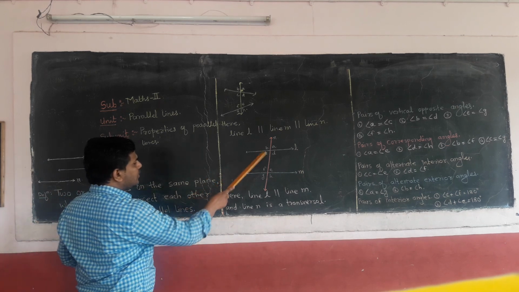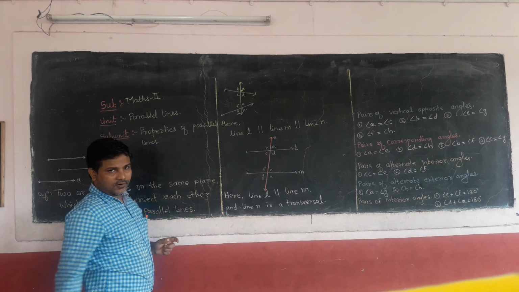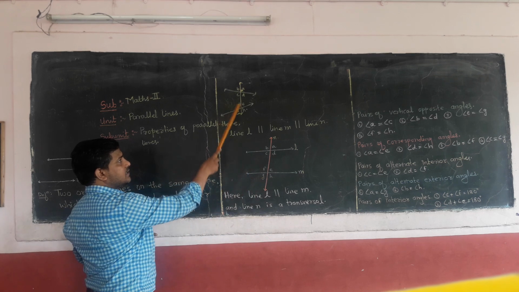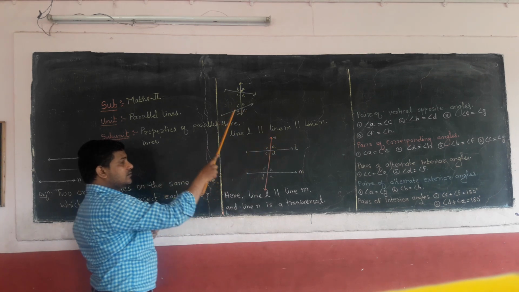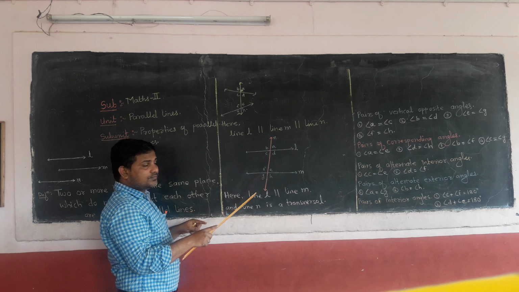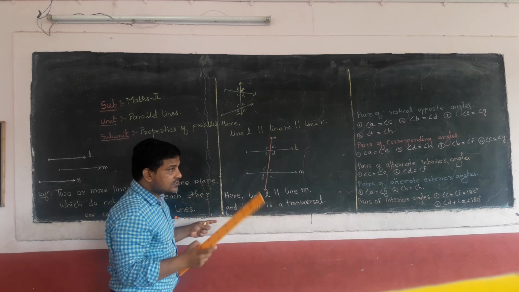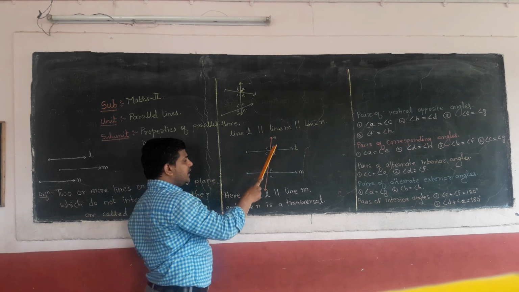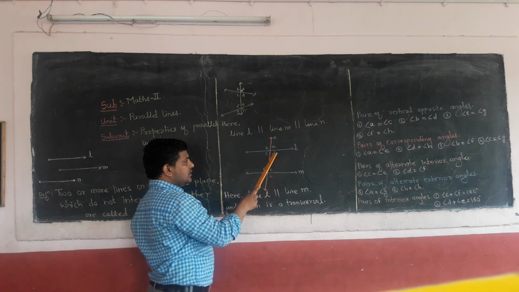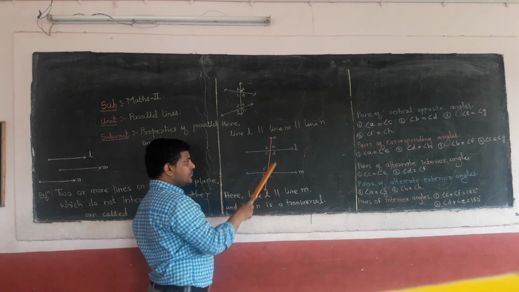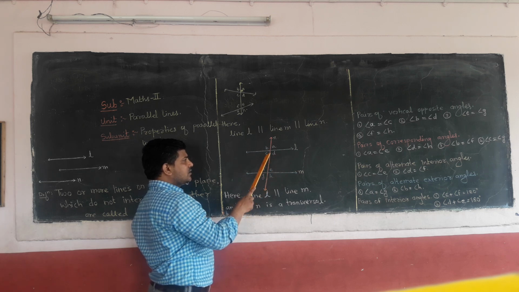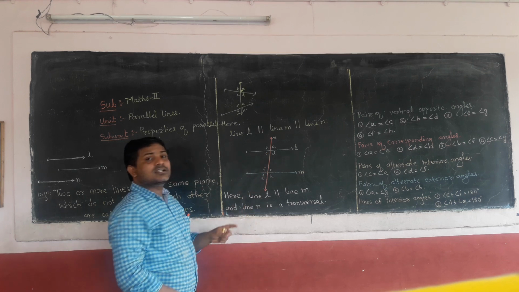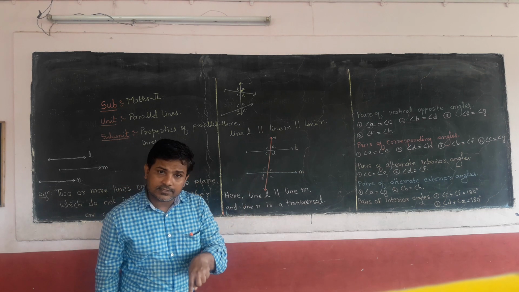Now, come to the next point here. If the two lines are not parallel, which are the pairs of corresponding angles? Corresponding angles are A and E, D and H, B and F, C and G. These are the pairs of corresponding angles.